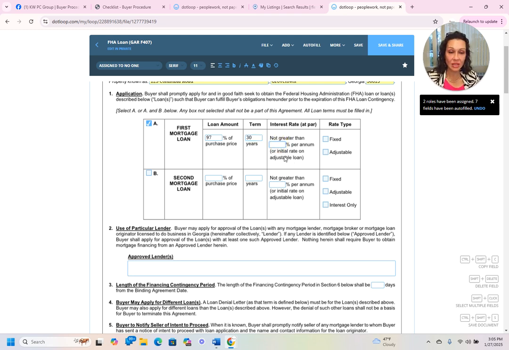This number needs to come from your lender. I checked with my lender today and they said the rates are running 7.2%. Crazy times. But that's what I would put, that they're going to be qualified based on a par rate of 7.5%, right? Because that's what my lender gave me. This also allows me to protect my client because say the rates today are 6.5.